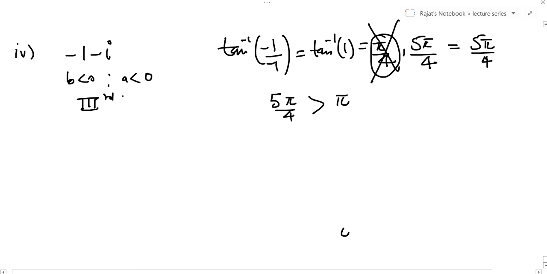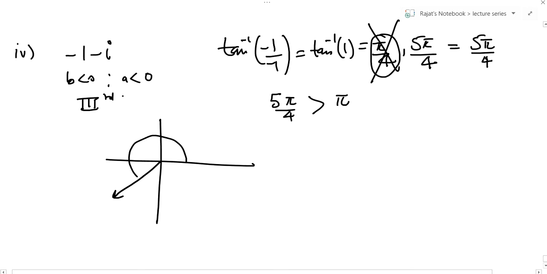So what to do? Again the same thing. If this is the plane, this is the complex number, we are saying this is 5 pi by 4. So instead of doing this, let me rotate like this. This will be minus of 2 pi minus 5 pi by 4, because this entire circle is 2 pi. This particular value is 5 pi by 4.